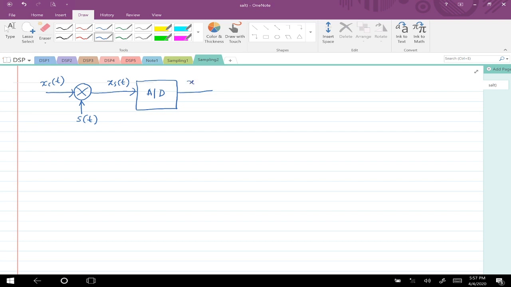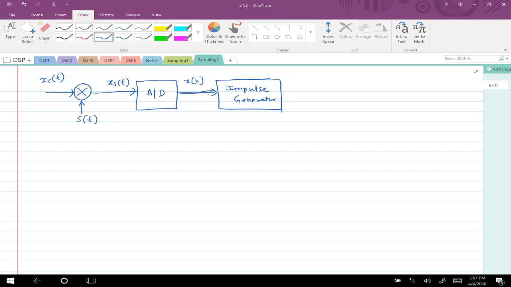Here you have x of n, and for the sake of completeness I'll draw some blocks which will be clear in subsequent lectures. By the way, what you have here is a discrete time signal, x of n.